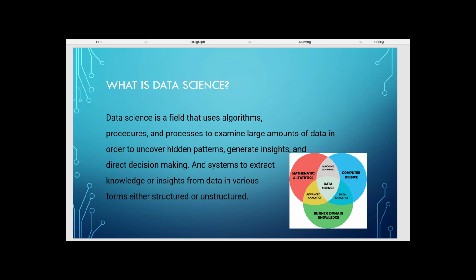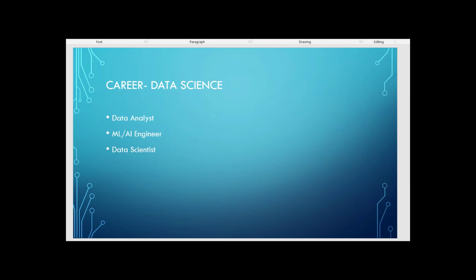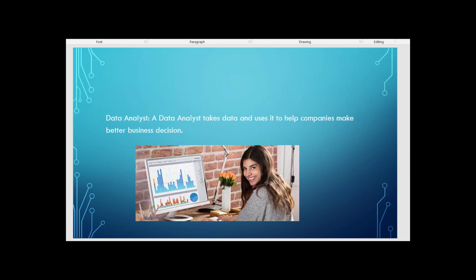Next, we'll see what the careers in data science are. There are multiple types of careers. First, we'll see the data analyst, then the machine learning and AI engineer, their roles and job profiles, and the data scientist. Let's see what data analysts exactly do.